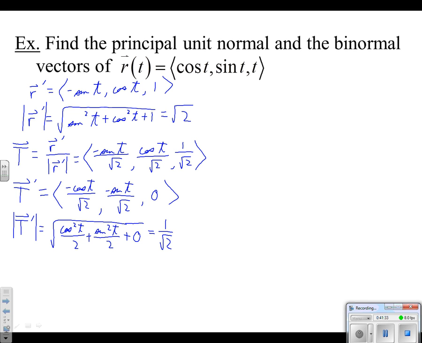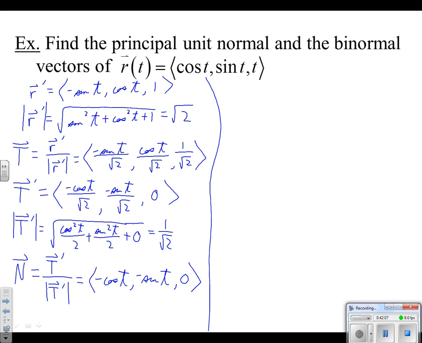So N is T prime over the magnitude of T prime. So if we take all the components of T prime and divide by 1 over root 2, basically multiply by radical 2, I get negative cosine t, negative sine t, 0. So there's my principal unit normal vector.